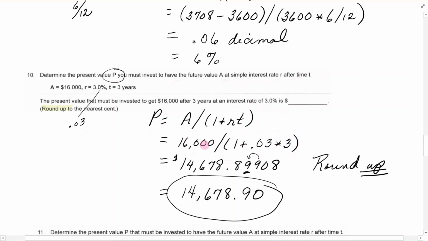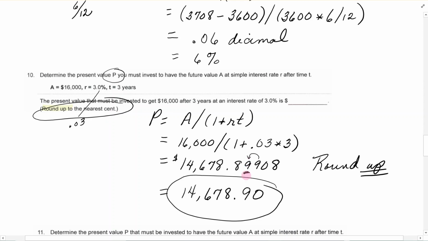When you put that in the home screen of your calculator, this is what you get. $14,678.89908. Now we have to read the instructions. It says round up to the nearest cent. So I'm definitely doing something that needs to show cents.